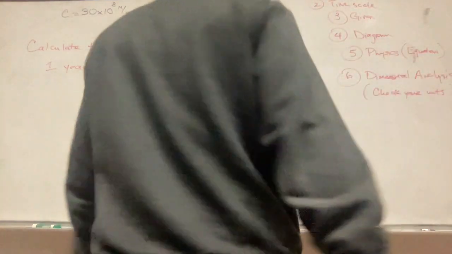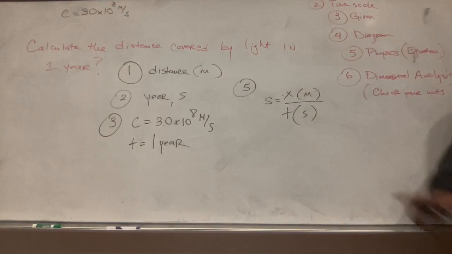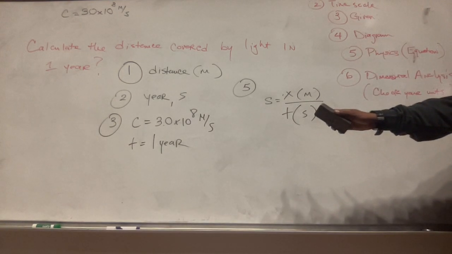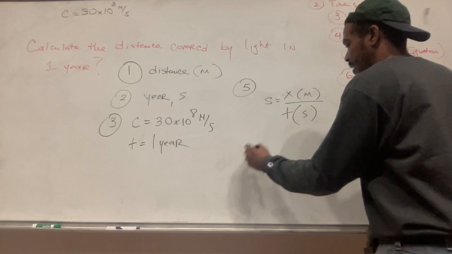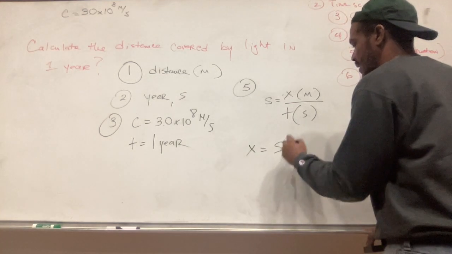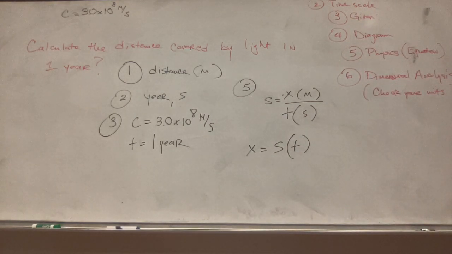So when I do my algebra here, I need to rearrange for the distance. So then x is going to be equal to speed times the time. Right?